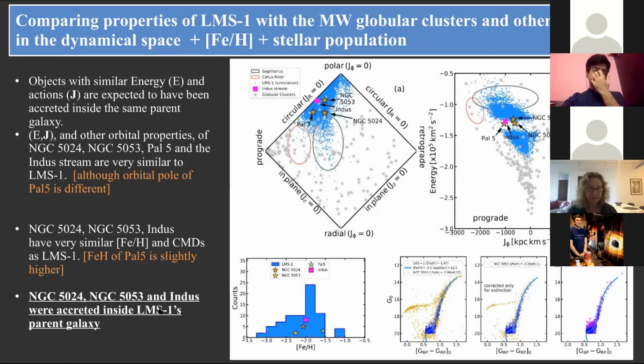So this means that at least NGC 5024 and 5053 and Indus were accreted inside the LMS1 parent galaxy because they strongly overlap in this dynamical, chemistry and stellar population space, which means that these objects and stars were formed inside the same potential well. So they had similar chemical enrichment and also star formation history.